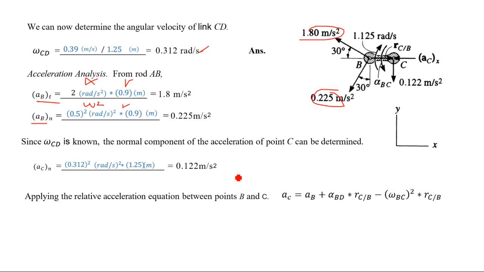Now we're going to apply the relative acceleration equation between the points B and C. So the AC is going to be equal to the AB plus the alpha of the BC multiplied by the RC/B and minus the omega of the BC square multiplied by the RC/B. Sorry, that's the omega BC, not BD. Okay, so here that should be BC.